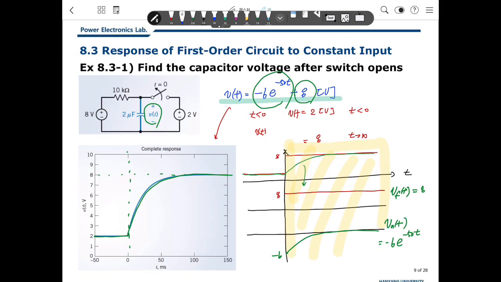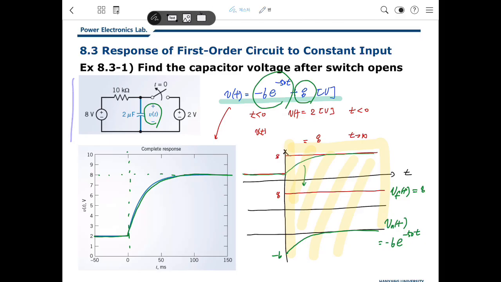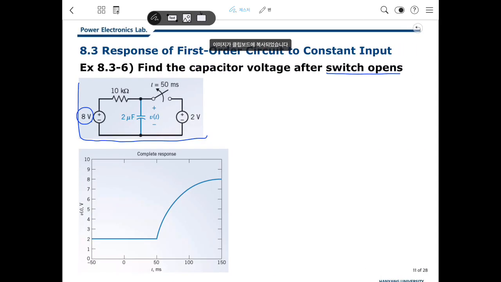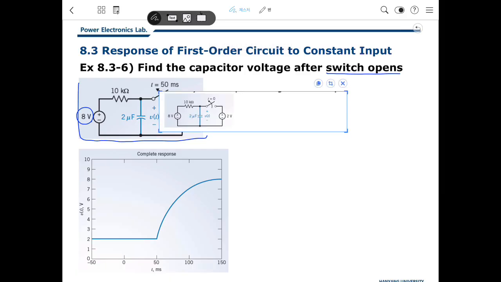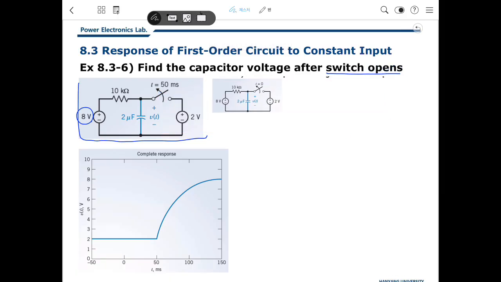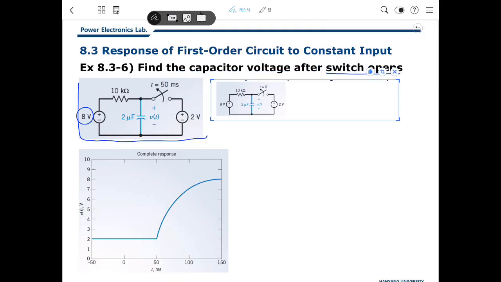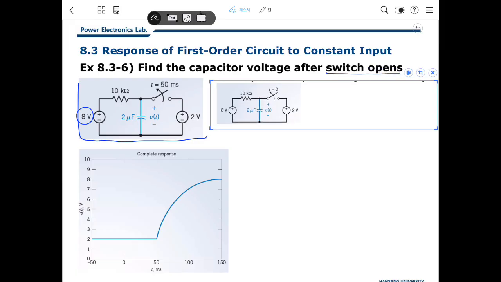You can compare here. So that is the same circuit.